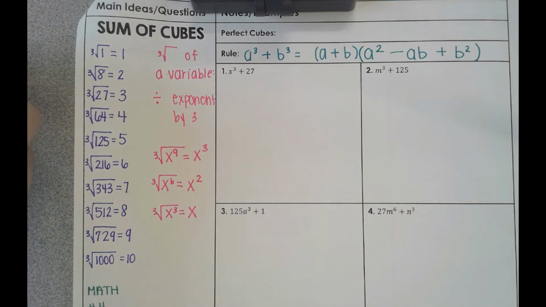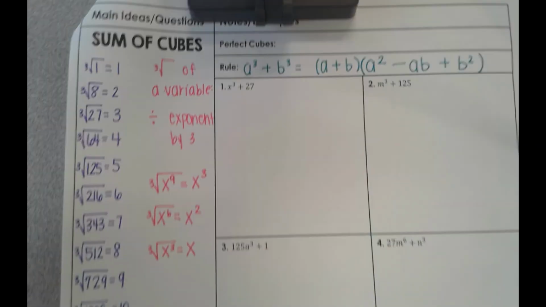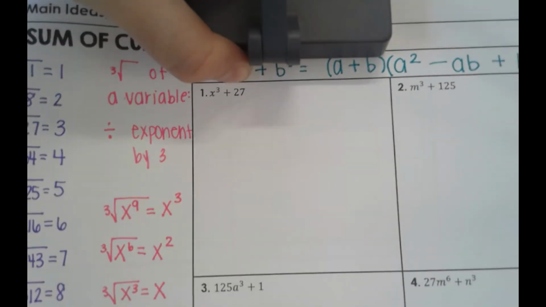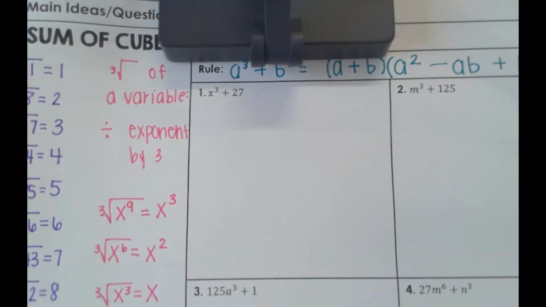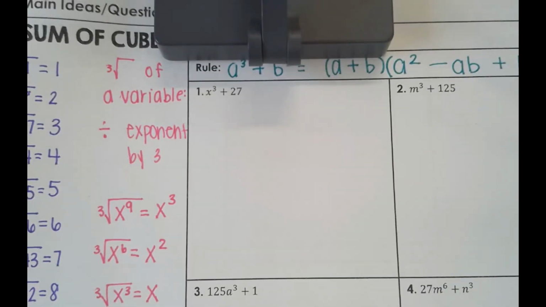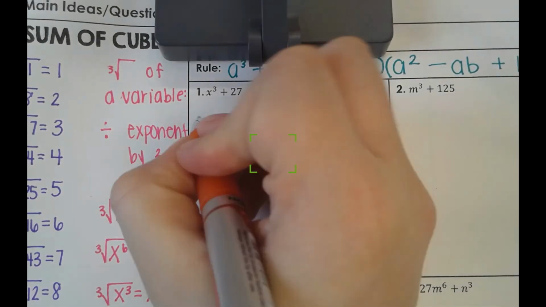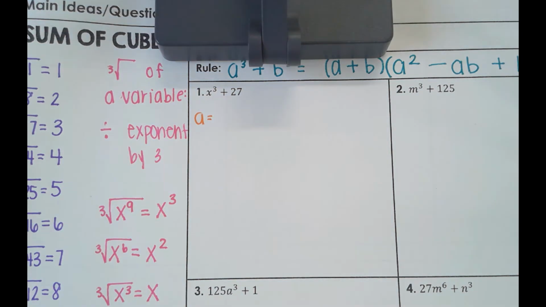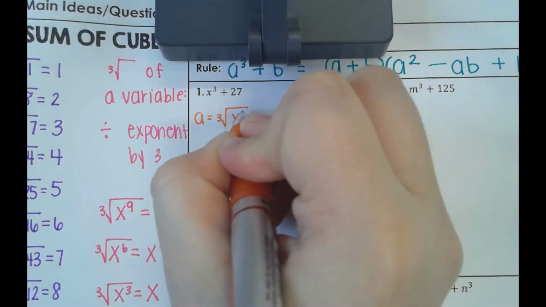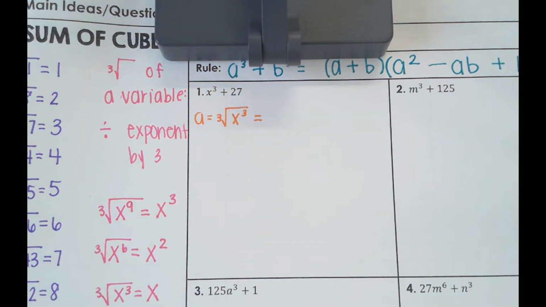Okay, so let's start there. On number 1, for the a, I'm going to find the cubed root of x cubed. What is that?